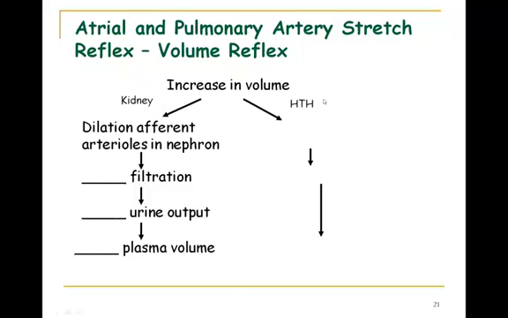This reflex involves your hypothalamus. That increase in volume in the atria and the pulmonary artery sends information to the hypothalamus, and the hypothalamus is where you produce a hormone called antidiuretic hormone. It's produced in the hypothalamus, but it's stored in the posterior pituitary.